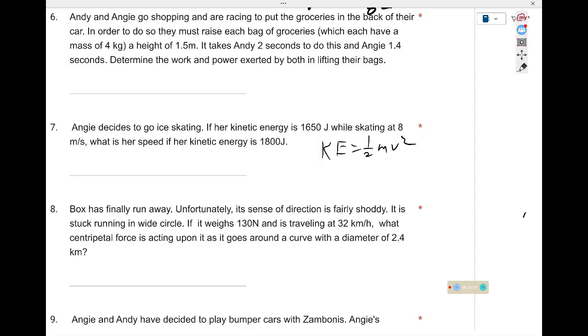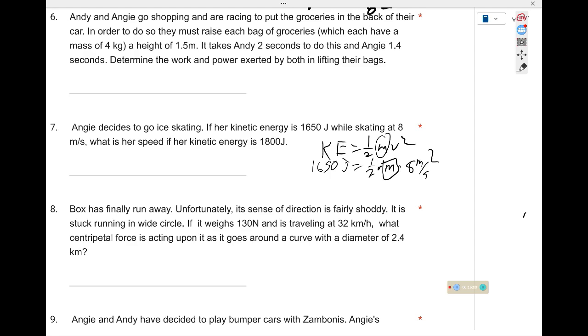So what we can actually do is figure out her mass, which is what we need to do. So we go 1650 joules equals 1/2 times m times 8 meters per second squared. We're going to solve that for m, and then we're going to plug that m into this equation here.